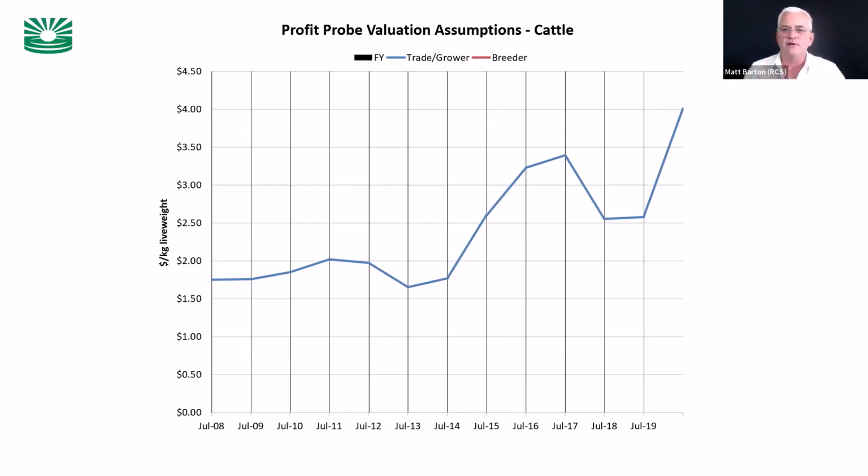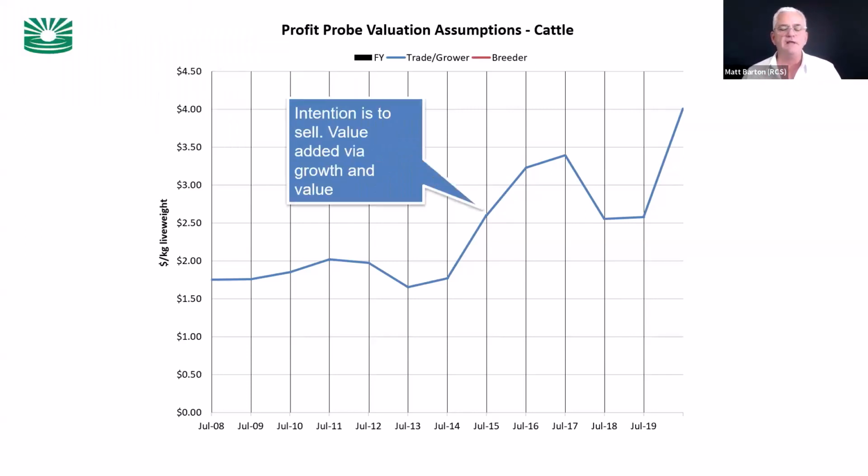And then at the 30th of June the next year, it will mark to market again, what the current value of that animal is at that time. Because they are intended to sell, and we've got to work out whether we're making money by holding them or we should have sold them.